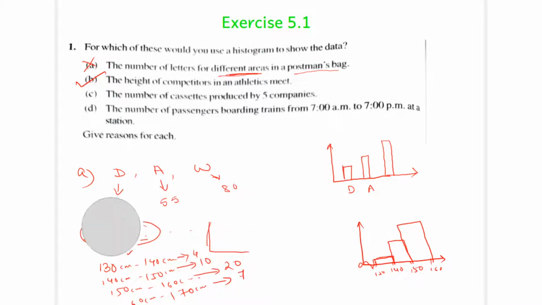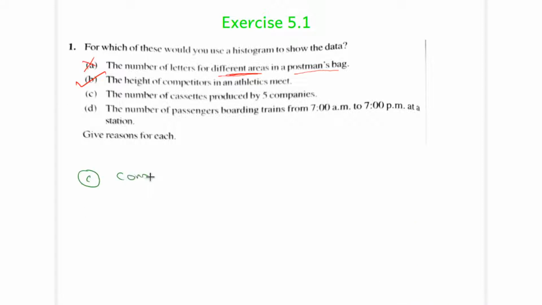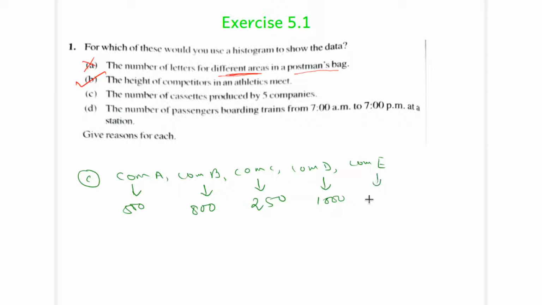Number C, the number of cassettes produced by 5 companies. There are 5 companies and each company is individual: company A, B, C, D and E. Say company A produces 500 cassettes, B 800, C say 250, D say 1000, E say 450.